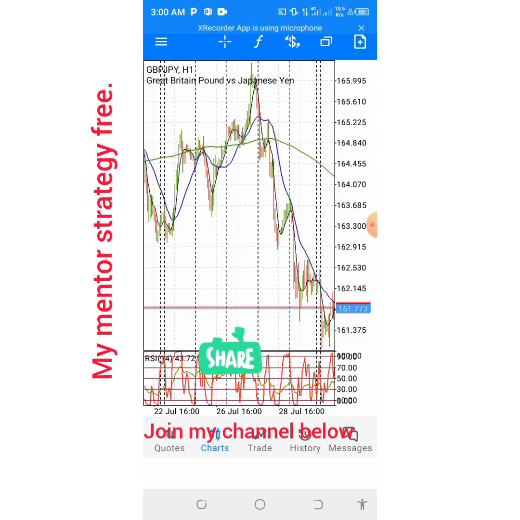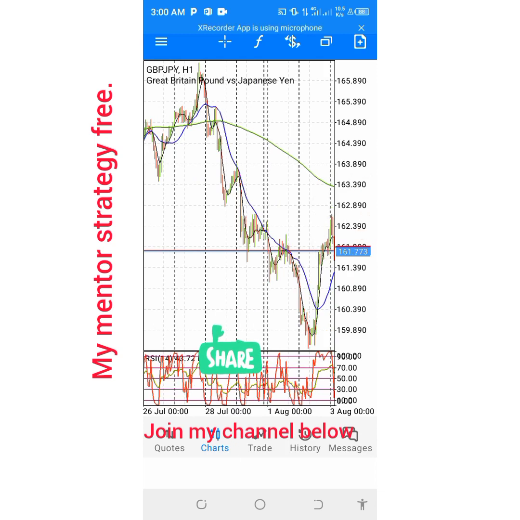The moment this happens, 20 is below 200, it means you concentrate on just sell signals. Because the moment that happens, your 14 RSI would also be below the 50 level, which means there is an agreement.